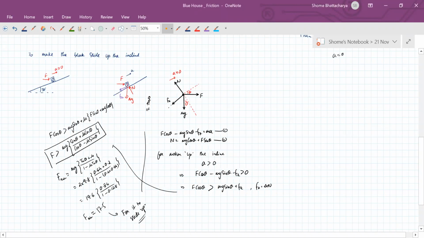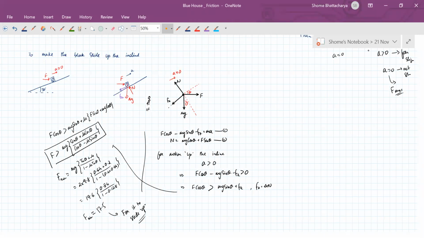So this condition that we have written, that acceleration greater than 0, this is for slipping. But acceleration equal to 0 is for not slipping. But that would have given the maximum force for no slipping condition. And the above was the minimum force for no slipping. So that minimum to maximum is like the range of force for no slipping.